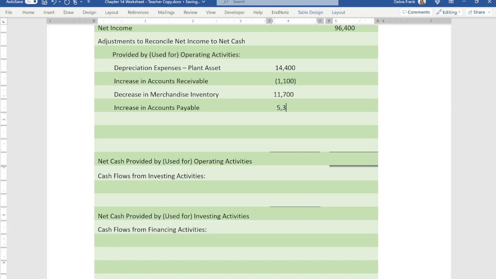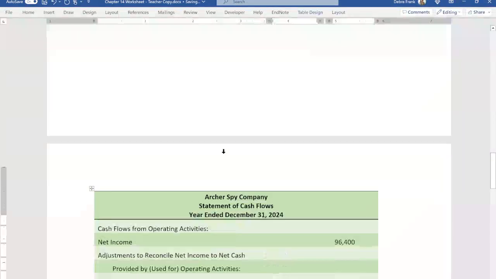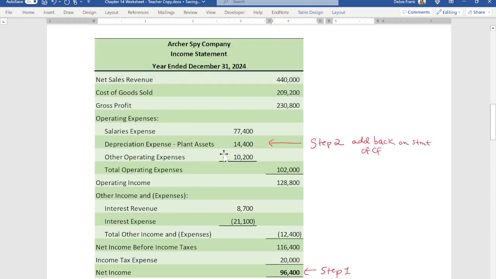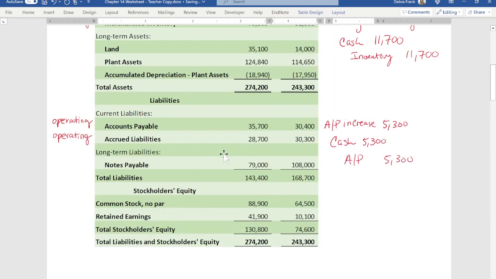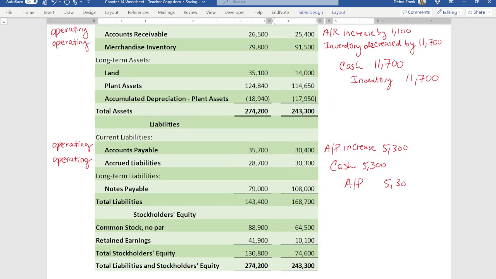All right, I believe we have one more, which is our accrued liabilities. So let's go back up and take a peek at what happened with accrued liabilities. All right, accrued liabilities was 30,300 and it went down, so opposite, to 28,700.